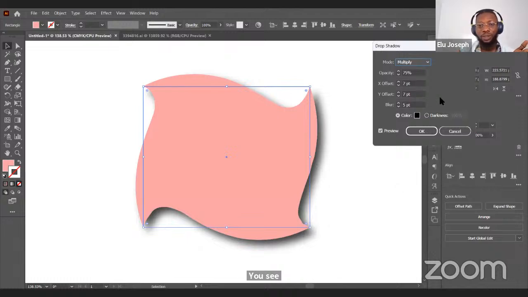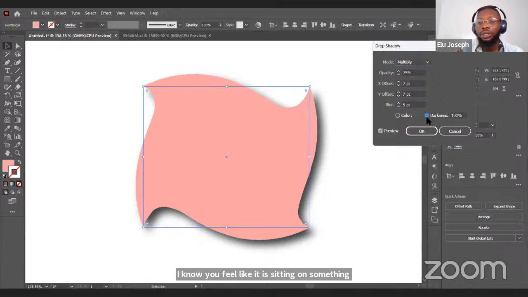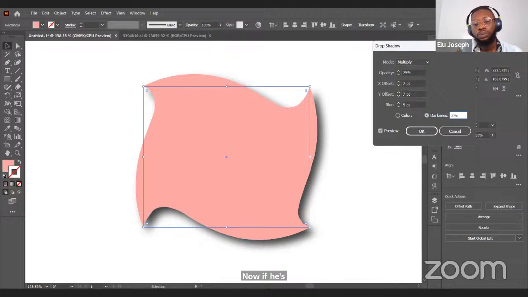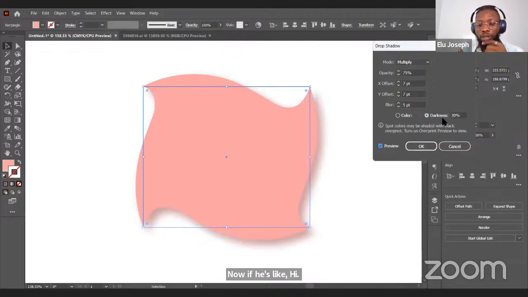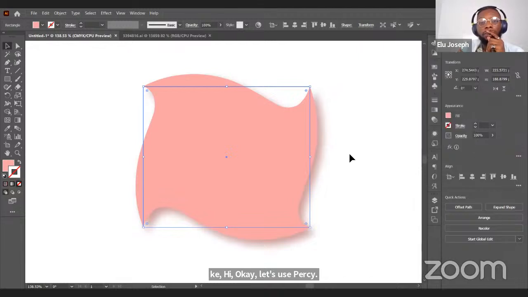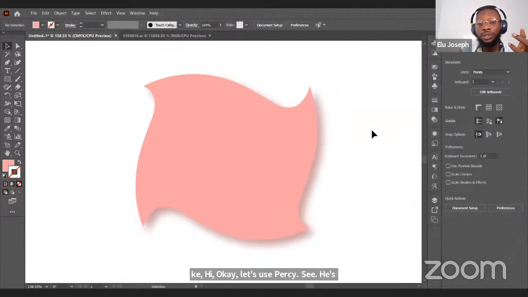I've added a shadow. It is no longer flat. Now you feel like it is sitting on something. I can decide to reduce this to maybe 20. Okay, let's use 30%. See, it feels like it's sitting on something.